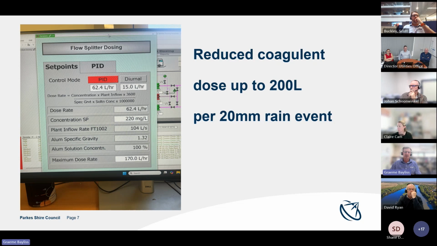If the rain event was predicted, we switched to the diurnal flow, which is a set figure of 15 litres per hour. And as you can see, they estimated it was saving up to about 200 litres of coagulant per 20 mil rain event, which saved a lot of money straight up at the treatment plants.